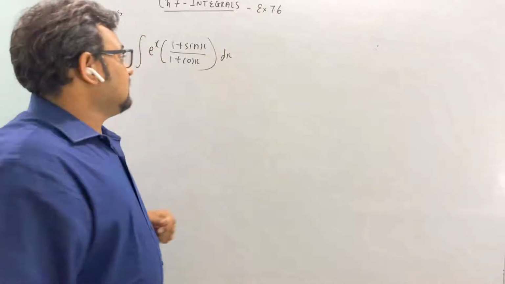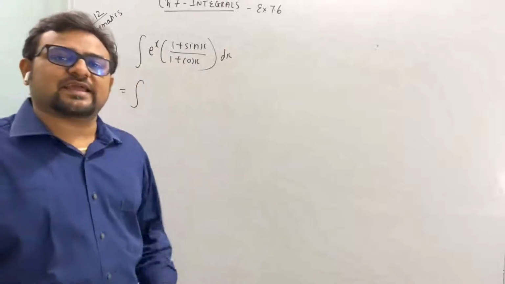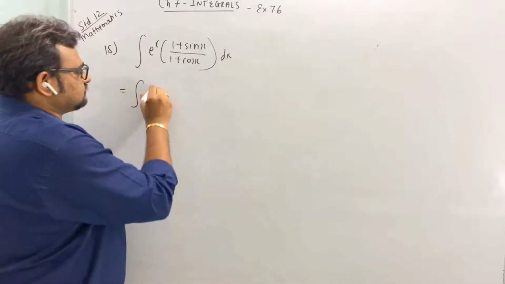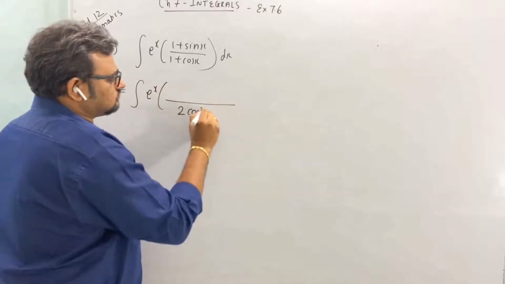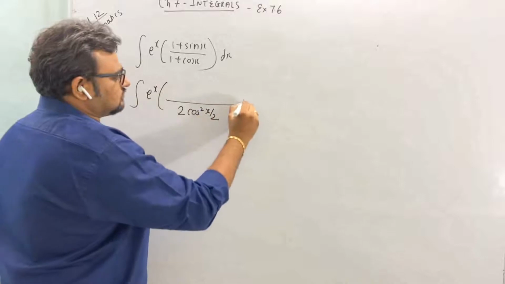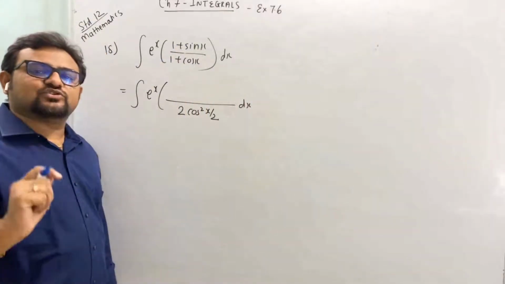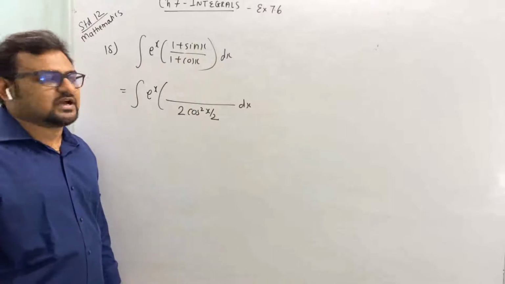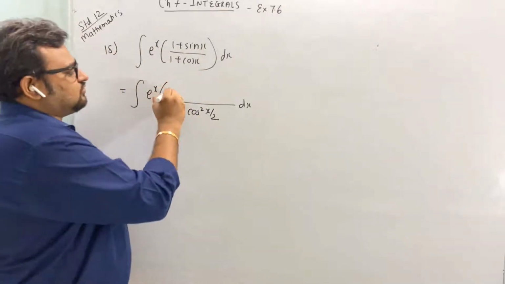Okay, now see, 1 plus cos x, I can write it down as 2 cos square x by 2. Now 1 plus sin x, I will use the formula of sin 2 theta, means 2 sin theta cos theta. Here it is x, so 2 sin x by 2 cos x by 2.